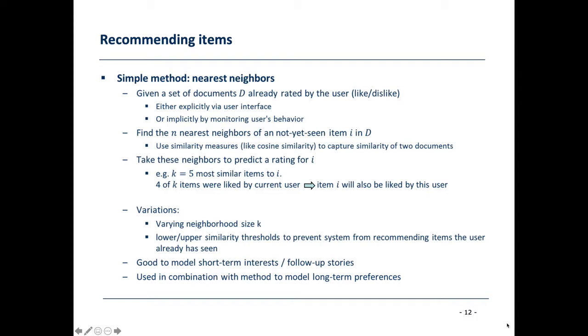But of course, we can always, given a representation of a user, find the n nearest neighbors that have either liked or disliked a set of documents. So we can compute these clusters of what we think are like items, and then we can, given a user or an item, decide where it should go.